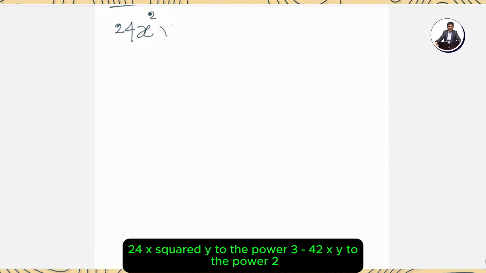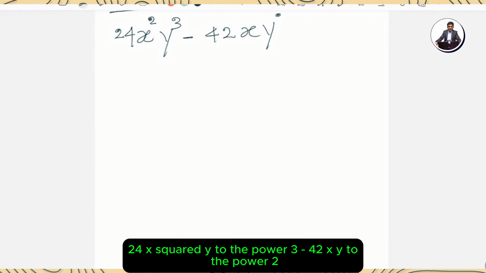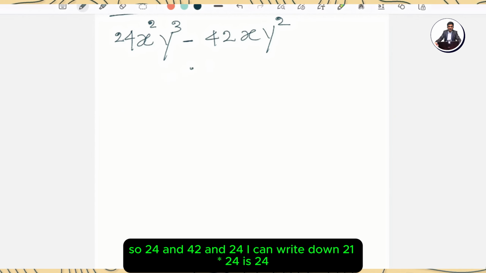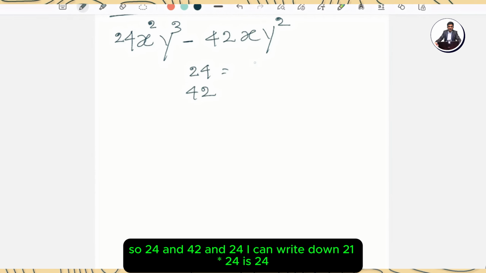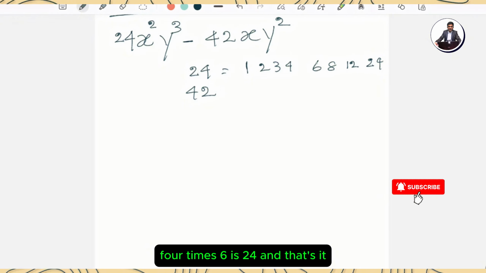24x squared y to the power 3 negative 42x y to the power 2. So for 24 and 42, we need to find the common factors. For 24 I can write 1 times 24 is 24, 2 times 12 is 24, 3 times 8 is 24, 4 times 6 is 24.